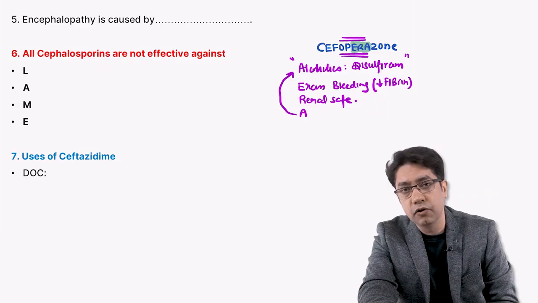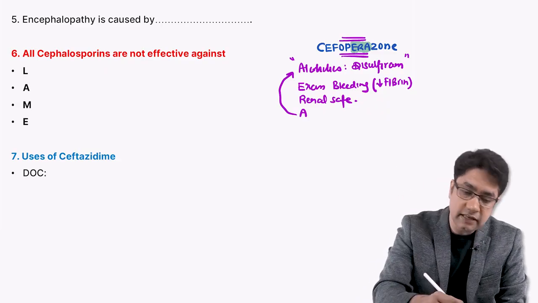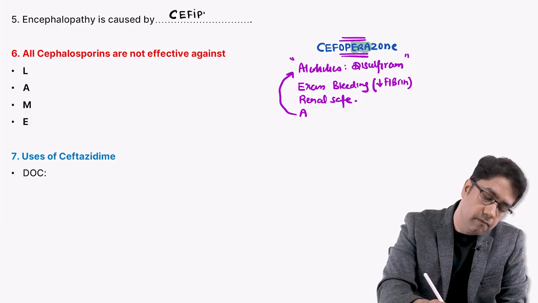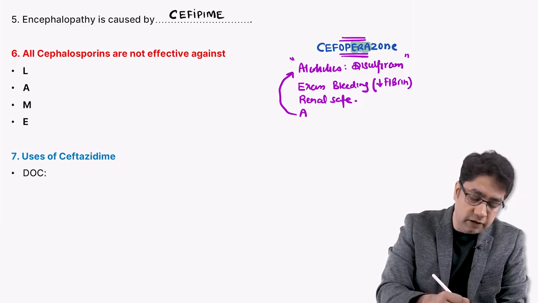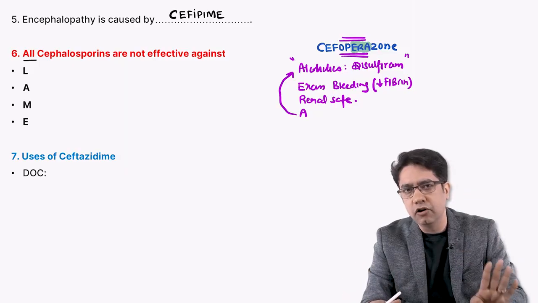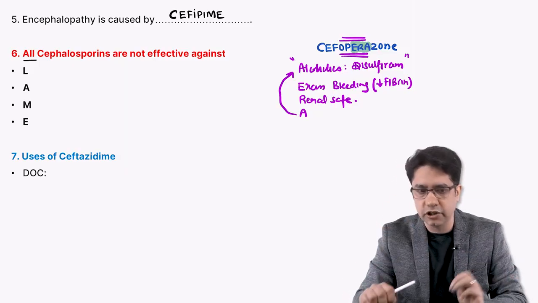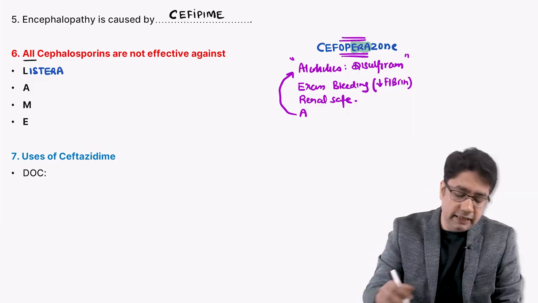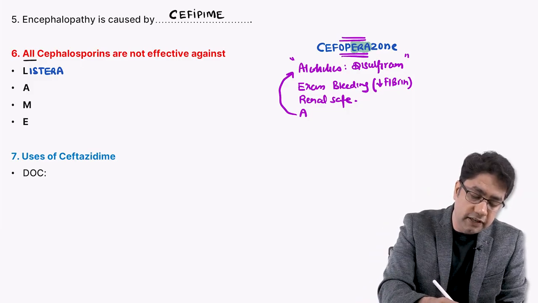Now, which cephalosporin can damage the brain and can cause encephalopathy? Cefepime. Now, all cephalosporins, first to fifth generation, are not effective against four infections. The first infection is Listeria infection. In Listeria, remember, no cephalosporin is effective.